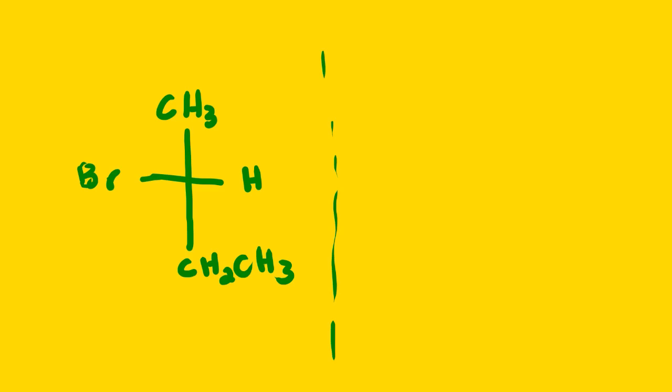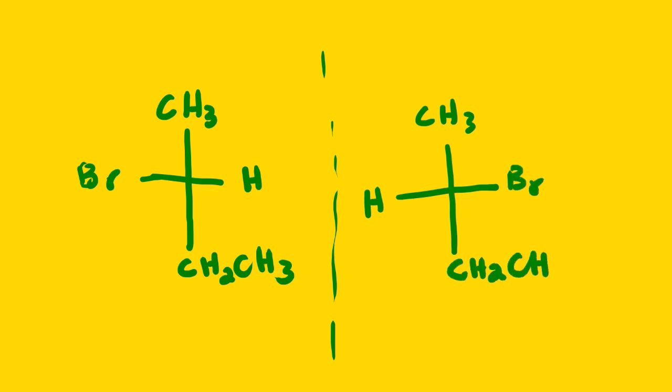If we put a mirror here, we are going to have CH3, our hydrogen here, and then our Br here, then our methyl here. So these are enantiomers.